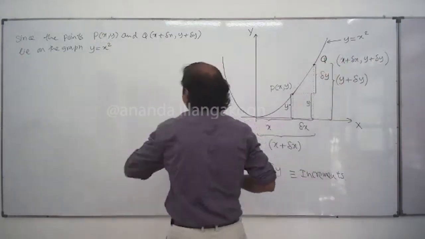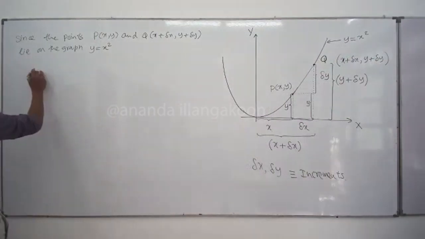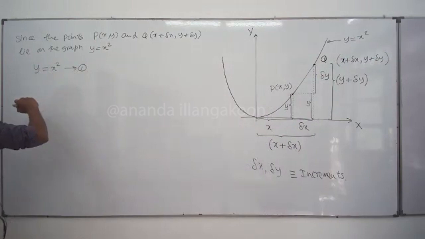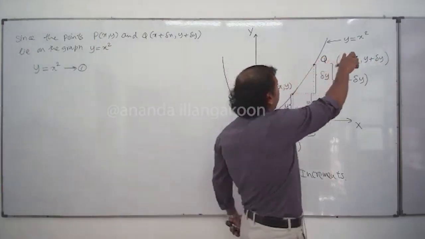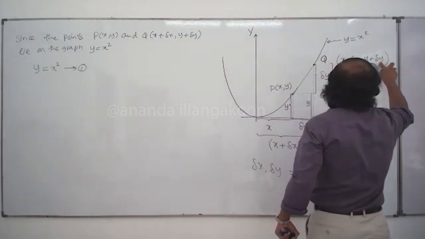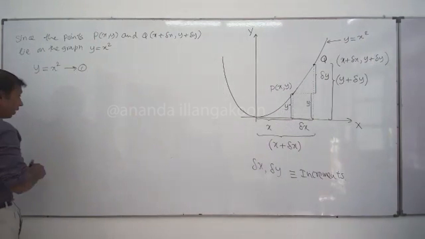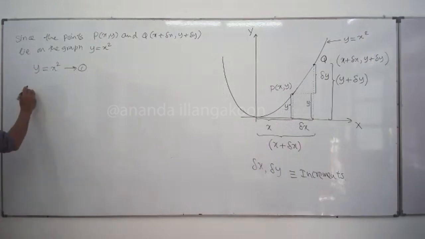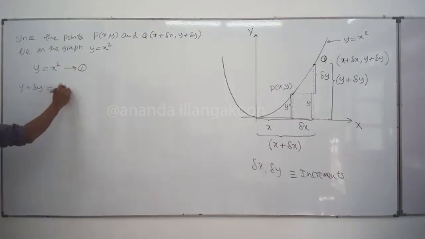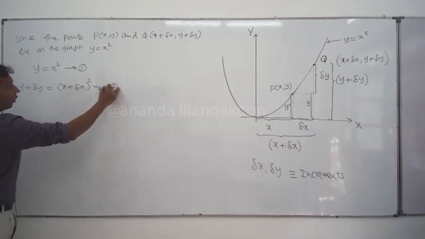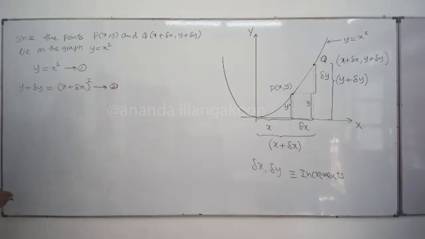Then the same y equals x squared comes, no? y equals x squared. Number one. Secondly, people, that x plus delta x we put here, y plus delta y we put here. After substituting that, still the left and right should be equal. Then y becomes y plus delta y, and x is x plus delta x, perfect squared. This is number 2, right?